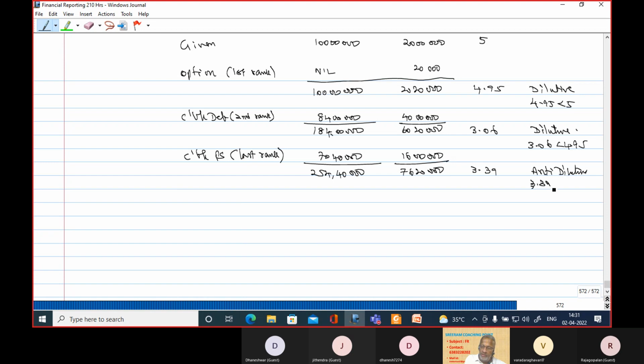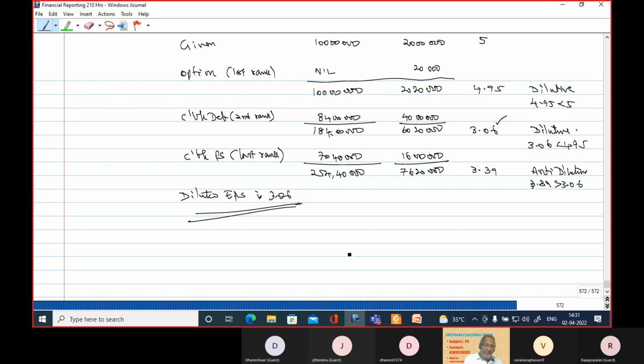3.39 is greater than 3.06. Then what is diluted earnings per share? So diluted EPS is 3.06. There is a chance that it may drop to the least.